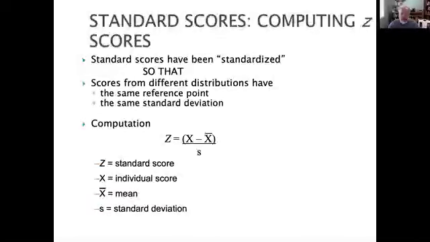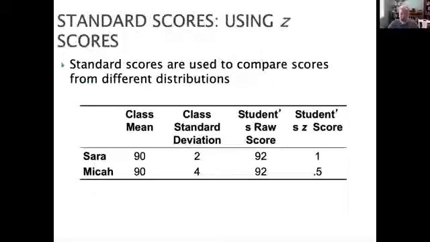The other thing that we can do when we have data like the one I just showed you is we can convert things into what are called z-scores. Z-scores are a way of allowing us to compare apples and oranges. I'll give you an example of that in just a second. Here's what a z-score can do for you.